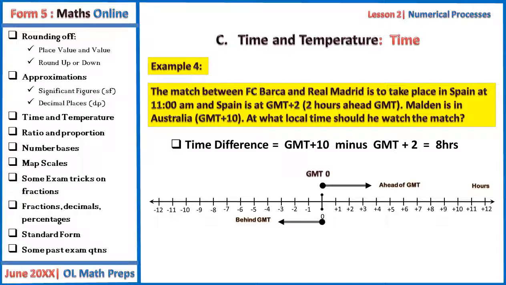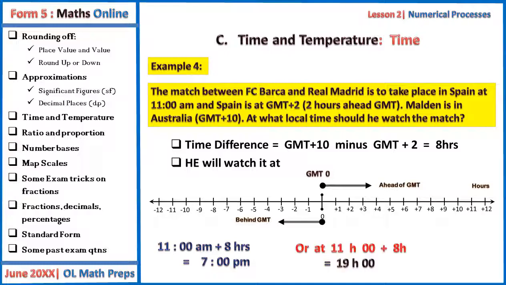Australia is 8 hours ahead of Spain. Since the time difference is 8 hours and is ahead, he has to watch the match at 11 a.m. plus 8 hours. So he has to watch at 7 p.m. Otherwise, you miss the match. Or you can give it in the 24-hour clock system, 19 hours.